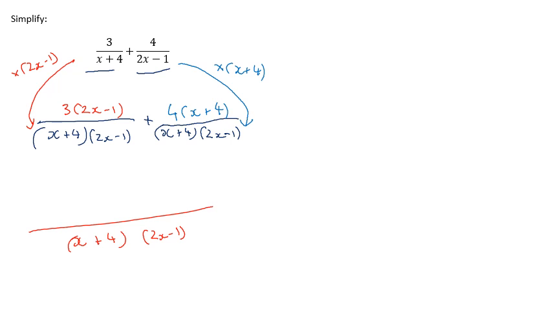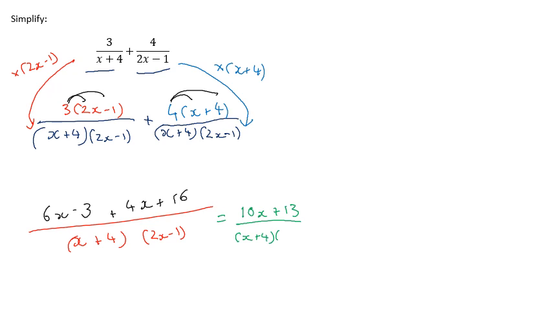I'm going to expand out my brackets on the top, which is 6x minus 3 plus 4x plus 16. And then finally, all we need to do is simplify. So on my numerator, I've got 6x plus 4x, 10x, and I've got minus 3 plus 16, which is plus 13, all over x plus 4, 2x minus 1.